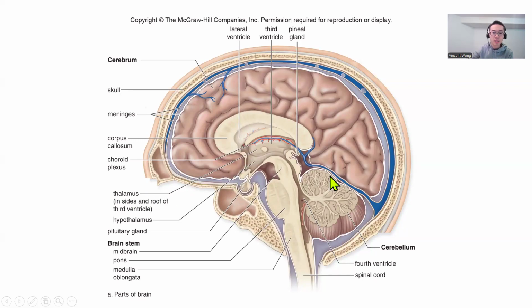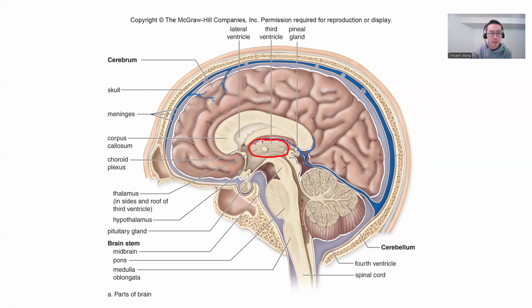It's a little bit confusing, but I'll explain later. This here at the back, that's the thalamus. And then in front of the thalamus, that's where the third ventricle is. The third ventricle is like an empty space, a chamber, so it's the space in front of the thalamus. I'll explain more when I get to that slide.